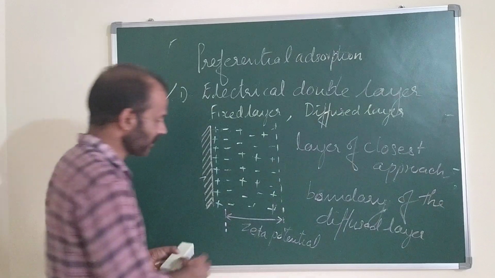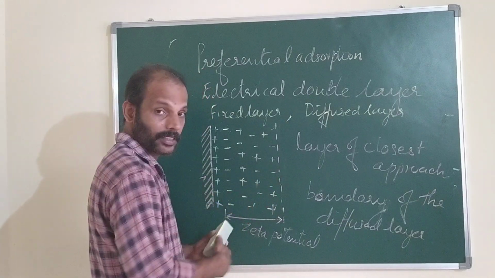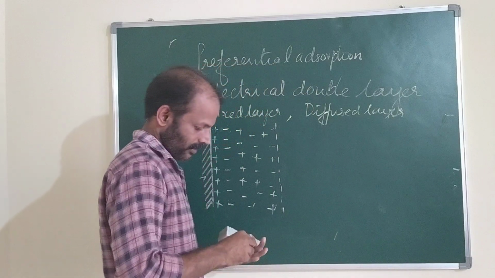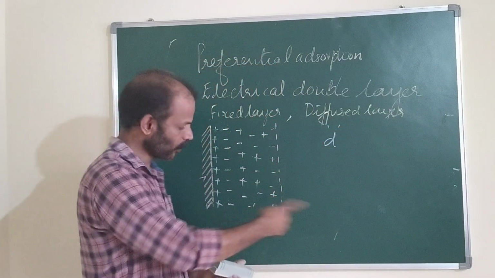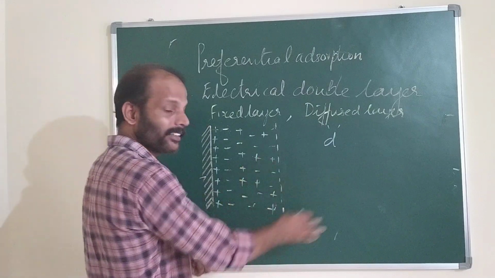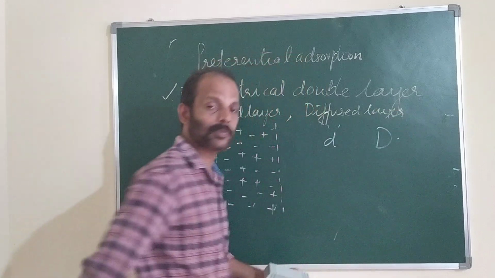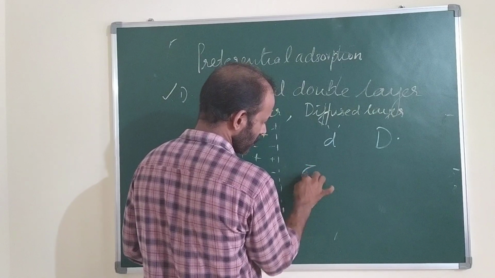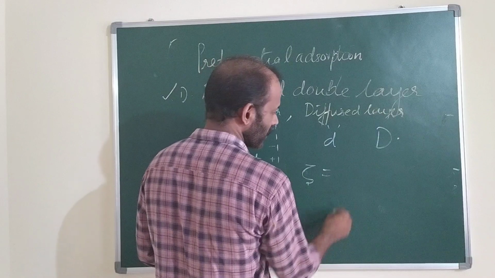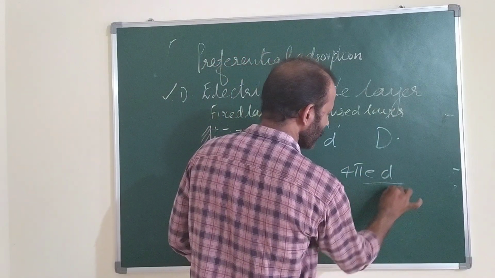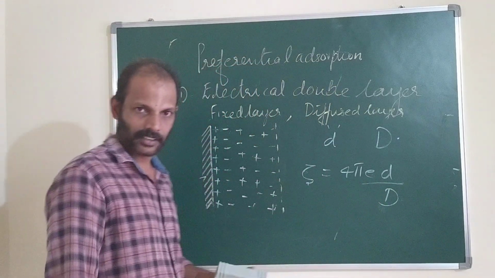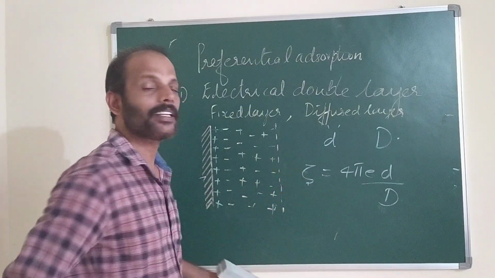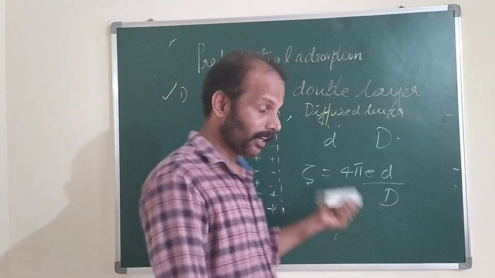And when we are considering these two layers as a dielectric plate, suppose the distance between the two layers is d, and the dielectric constant of the solution is capital D. Then zeta potential is equal to 4 pi E d divided by D, where E is the charge, d is the distance between the two layers, and D is the dielectric constant of the medium.